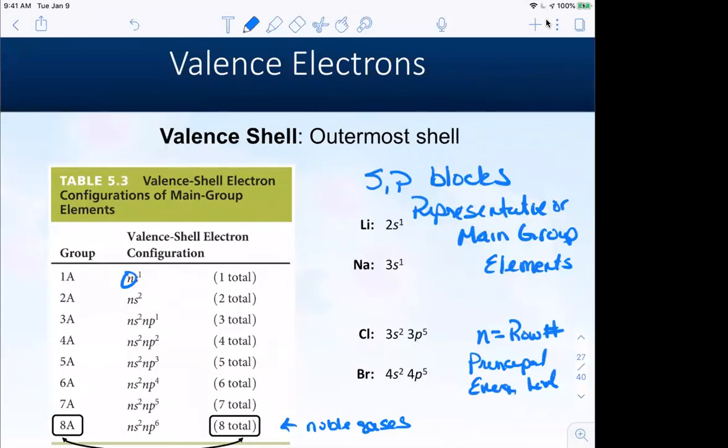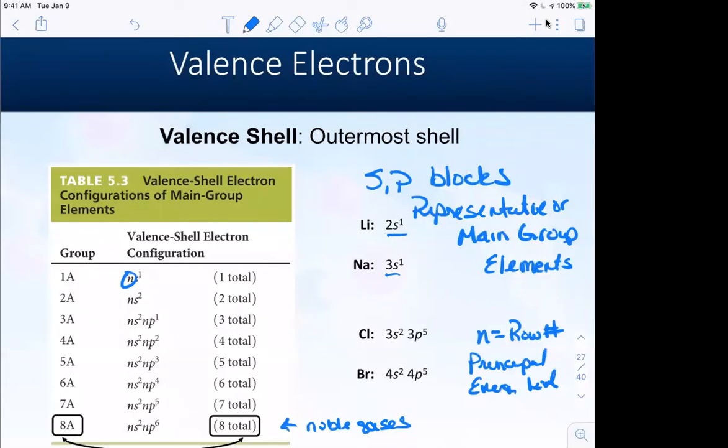I fill that shell, which is the NS2 and P6, N being, it could be row 2, it could be row 3, or whatever. So lithium has 1s1, sodium is 3s1. They're both in group 1A. So they have the same number of valence electrons, which is going to be 1.